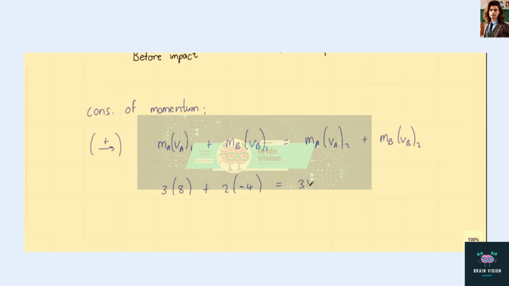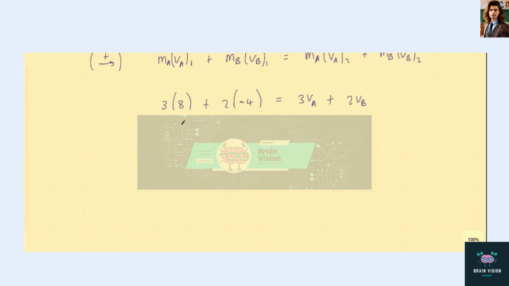And this is equal to the final momentum of A, 3 VA, plus 2 VB. Simplifying, we get 3 VA plus 2 VB is equal to 16, and we'll call this equation 1.